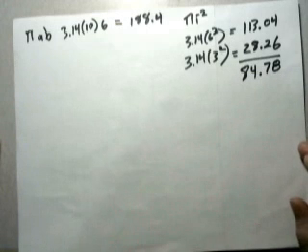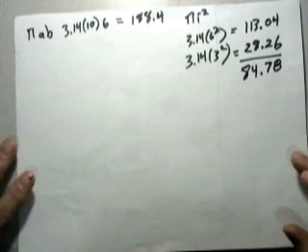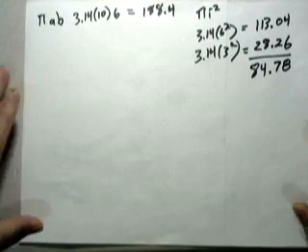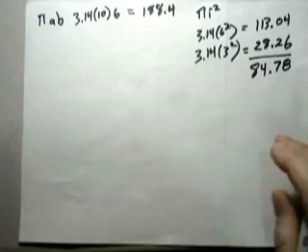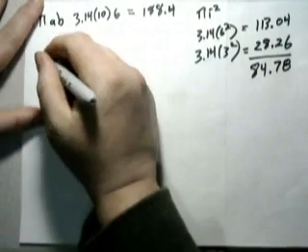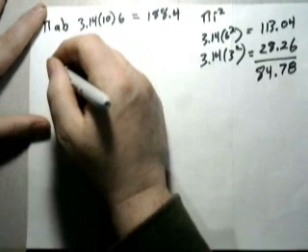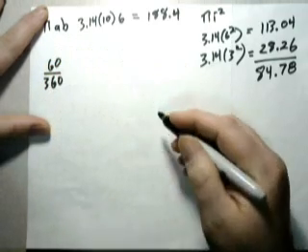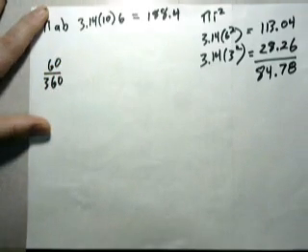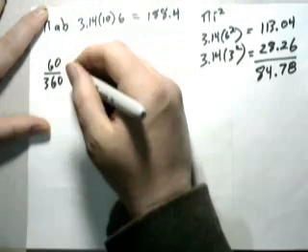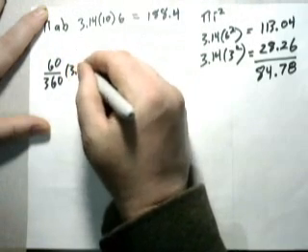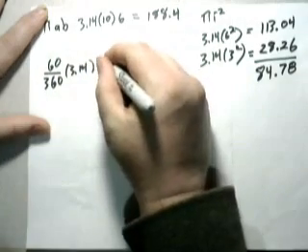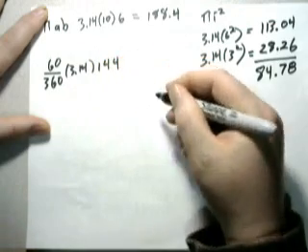Now, for number 11, we have to find the area of a segment. Before we can find the area of that segment, we need to find the area of that sector. So remember, it's the degrees, which in this case is 60, divided by 360, and then we multiply that by the area of the circle formula. So that is going to be 3.14 times 12 squared, and 12 squared is 144.